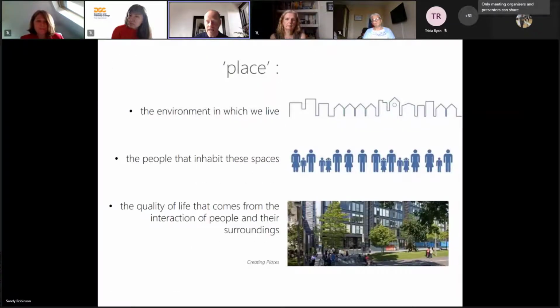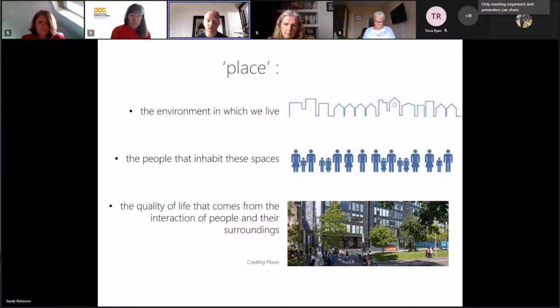So just on Place, and hopefully you can all see the slides moving, Kat, let me know if they're not, but what do we mean by Place in this context? Well, for us, it's driven by 3 things. One is the physical environment in which we live, and that's probably the area which people would most commonly think that architecture and planning are interested in.